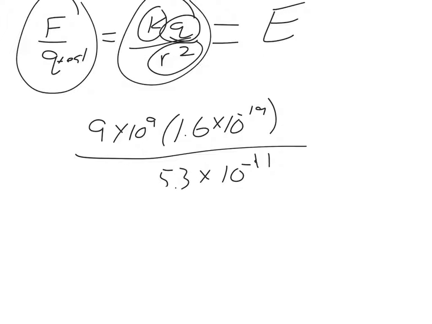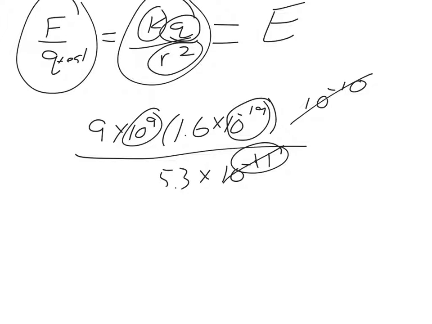Alright. I'll deal with the tens first. I have positive 9 of them and minus 19 of them, which leaves me on top with minus 10. I have minus 11 on bottom, so I lose all the ones on top, and I'll have minus 1 on bottom. And to bring that up to the top, I just change the sign, and so that becomes a positive 10 to the first on top, or really just 10.